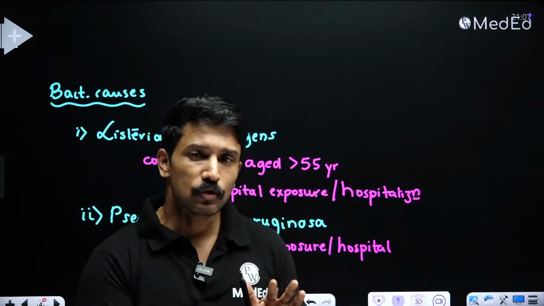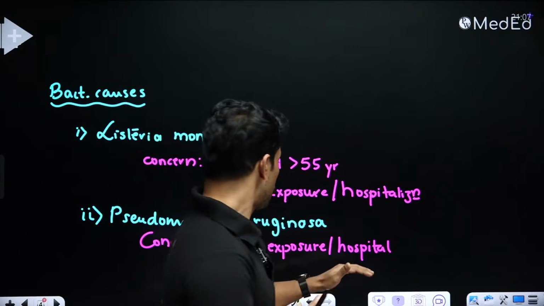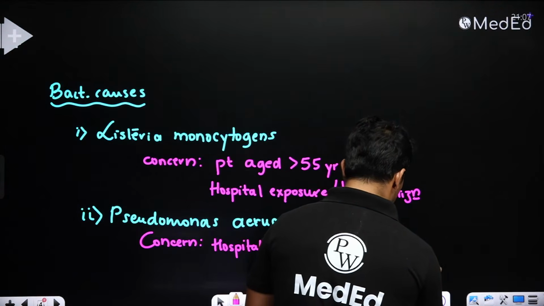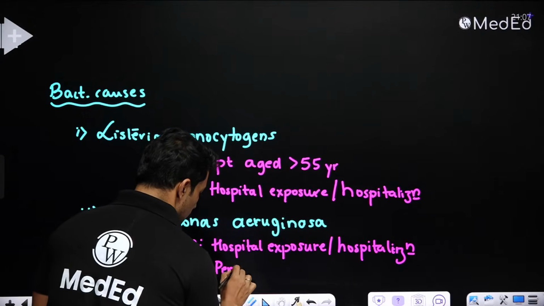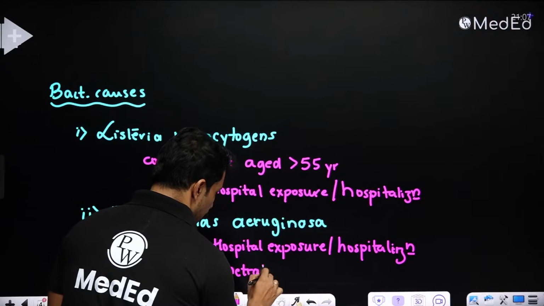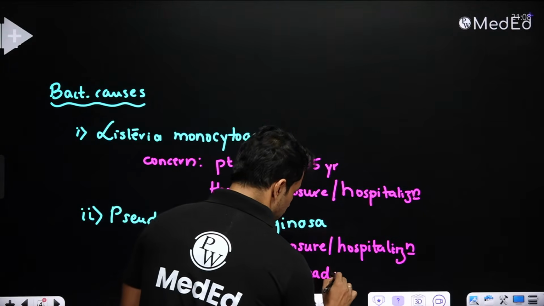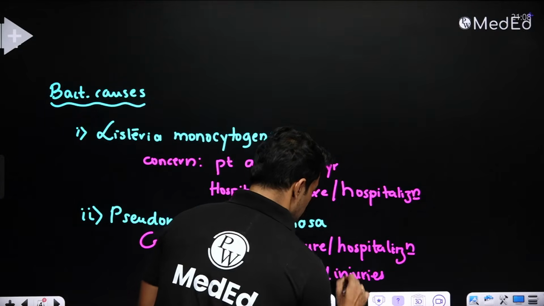Otherwise, most of the patients acquire Pseudomonas aeruginosa in the hospital. So it could be hospital exposure or hospitalization, and at the same time, I should be concerned about this in patients with penetrating head injuries, or in simple words, open head injuries.